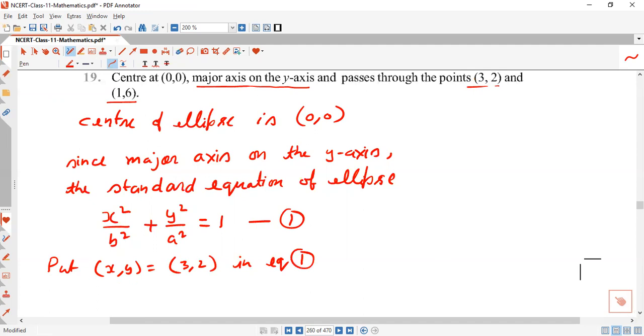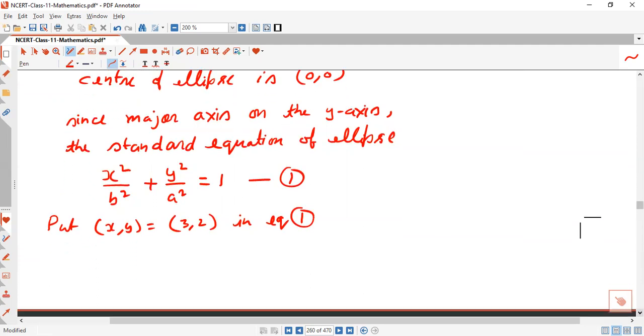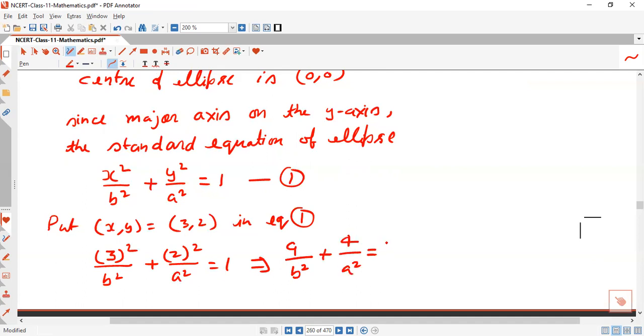We are interested to find the values of a square and b square. So 3 square upon b square plus 2 square upon a square equal to 1. Implies 9 upon b square plus 4 upon a square equal to 1. Say this equation number 2.